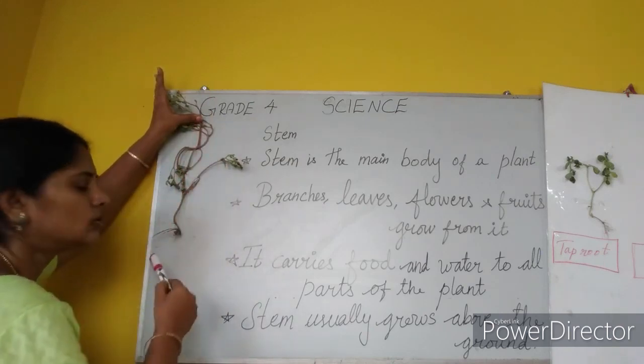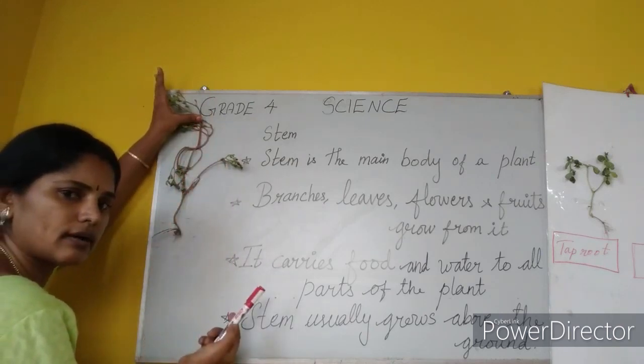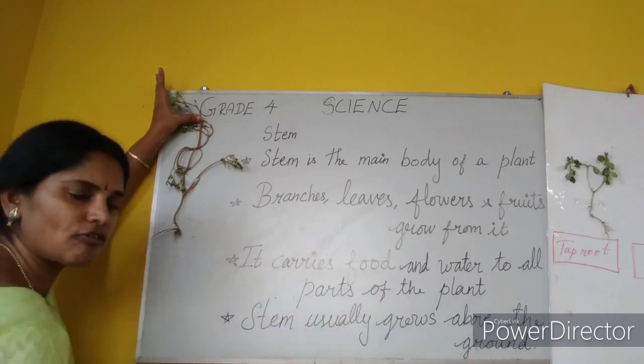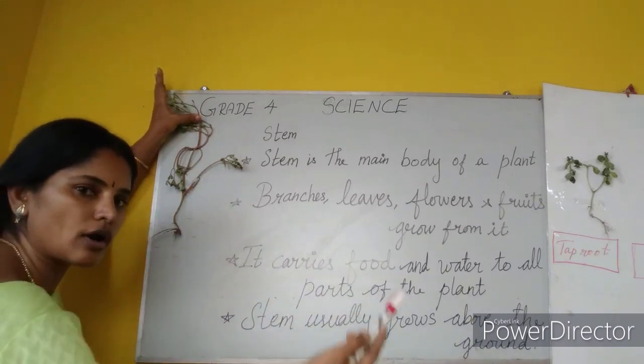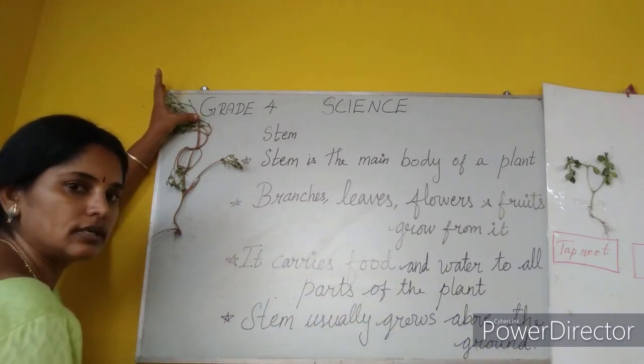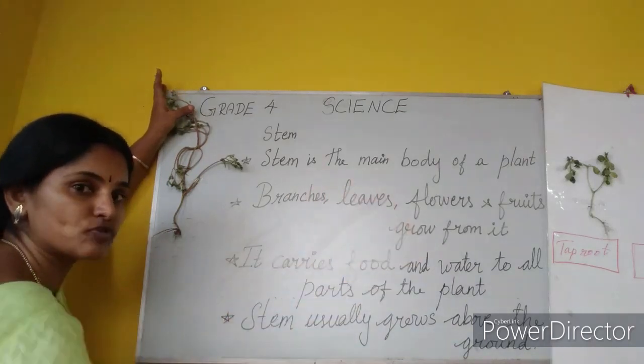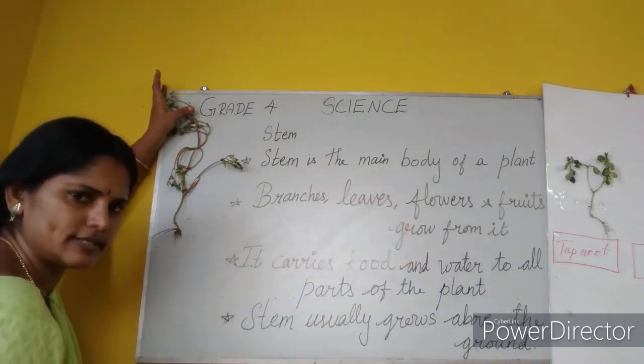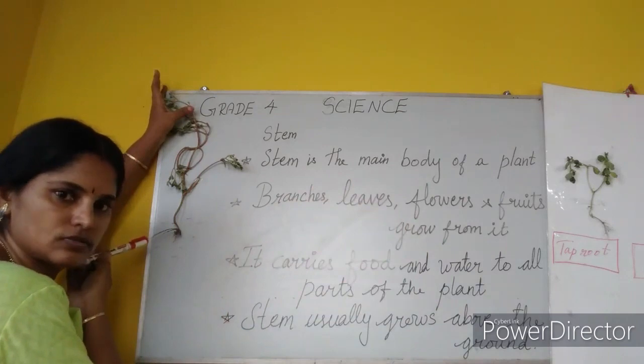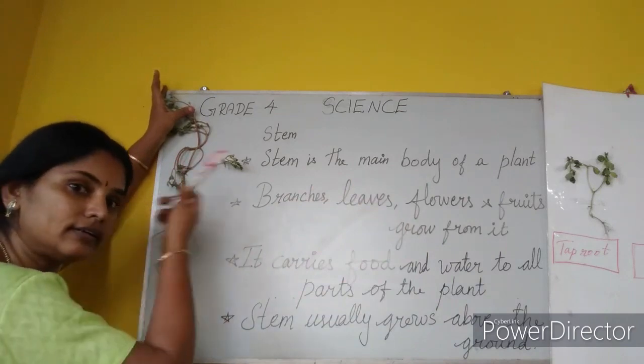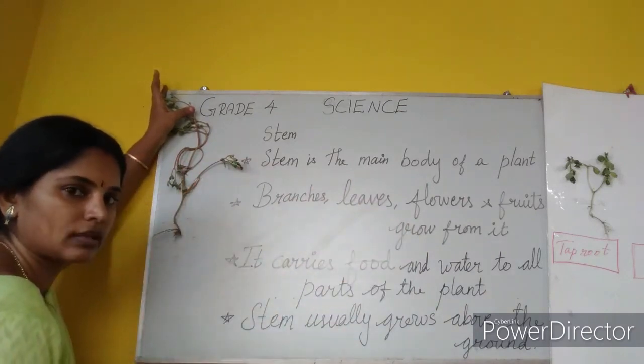See, we come across different kinds of plants. If we go around, we can see different types of plants, no? Do all plants look like this? No, there are different types of plants.